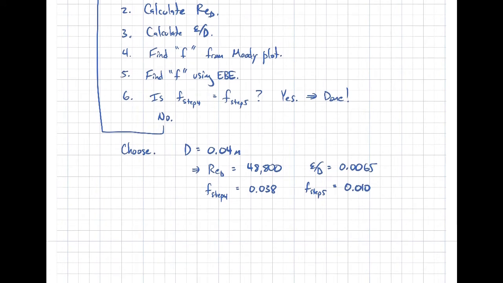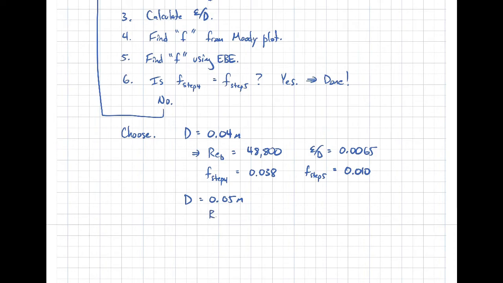So then I chose a diameter a little bit bigger, 0.05 meters. Okay. And then when I went through my scheme, my Reynolds number is 39,000. Relative roughness is 0.0052. My friction factor from step 4 was 0.033.